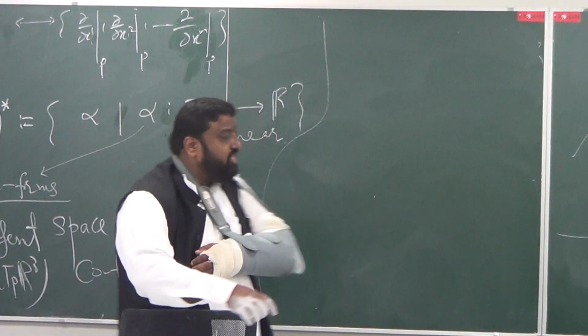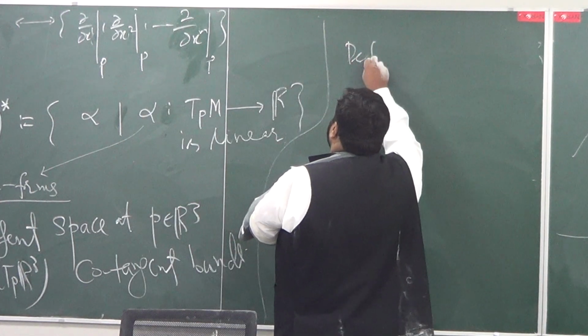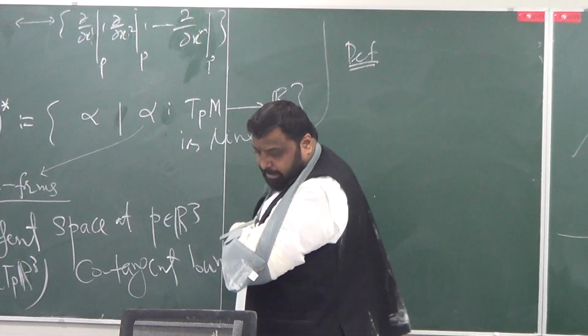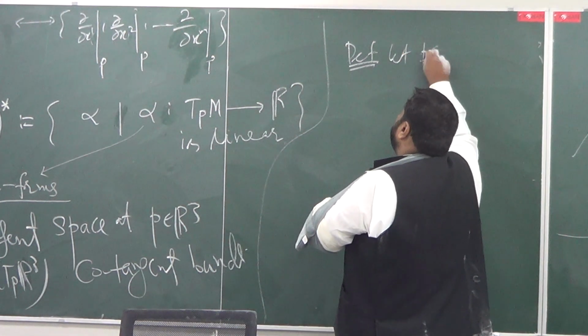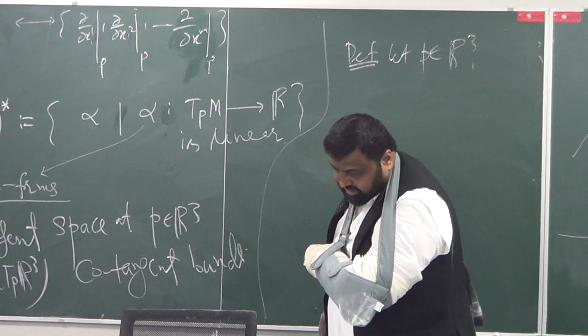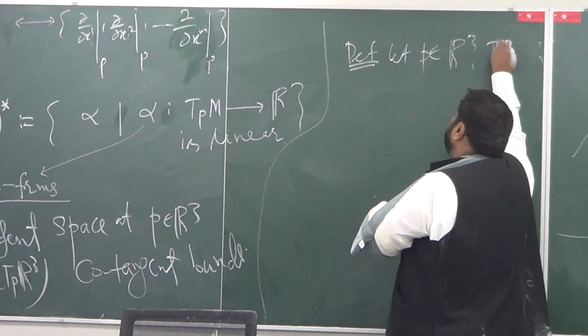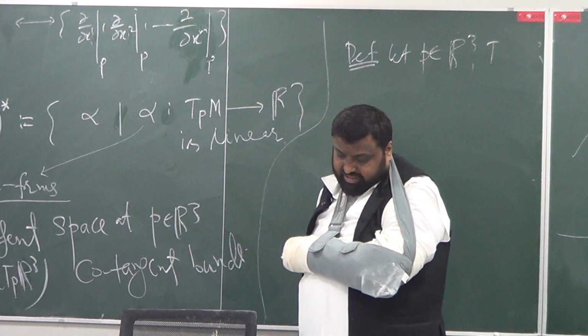Okay, so here's the definition, quickly. P is a point in Rn, and TpRn is a tangent space.